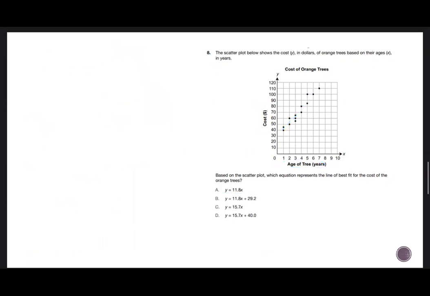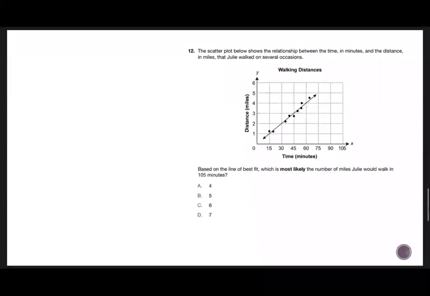Now our last multiple choice problem for this video. We have a scatter plot below that shows the relationship between the time in minutes and the distance in miles that Julie walked on several different occasions.